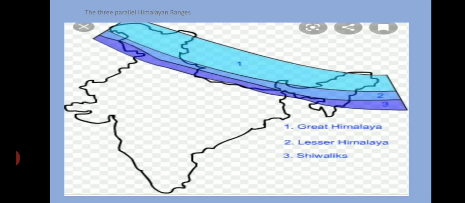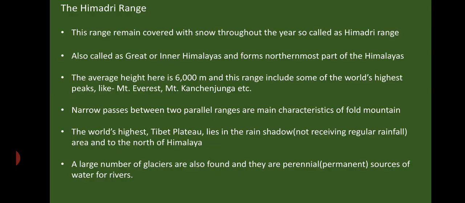Now you see that in Himalaya, there are three parallel ranges. First is called the Great Himalaya, second the Lesser Himalaya, and third the Shivalik. Now one by one I am going to explain you. The Greater Himalaya is also called the Himadri range.